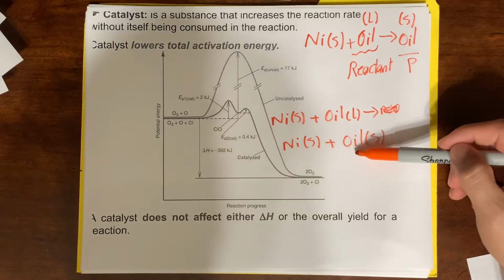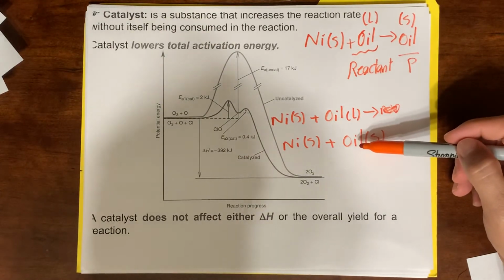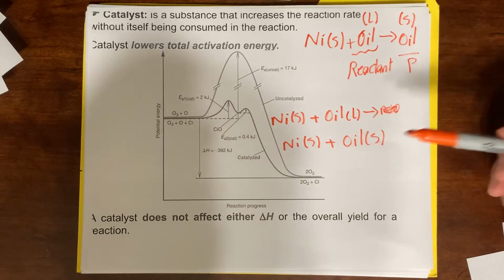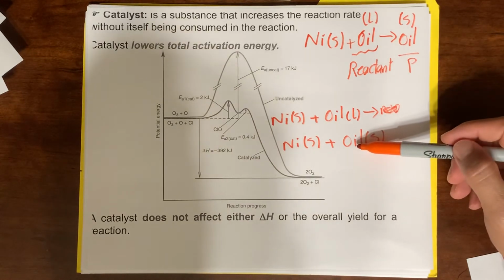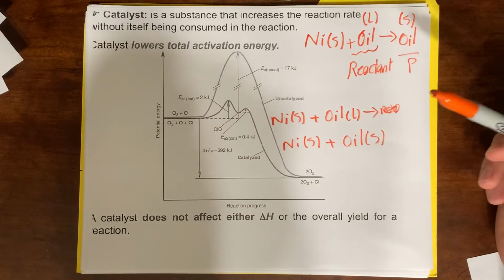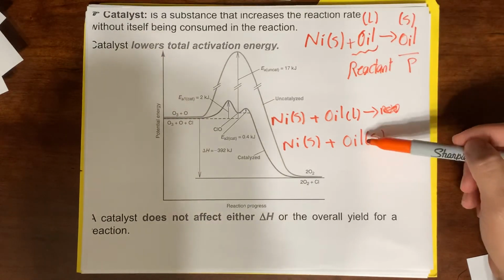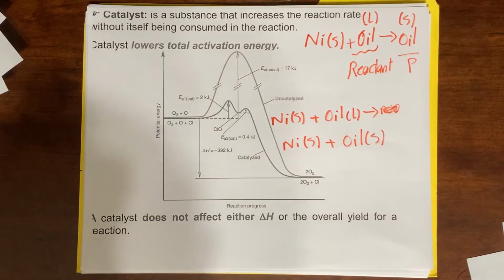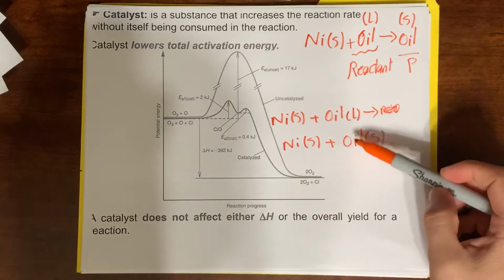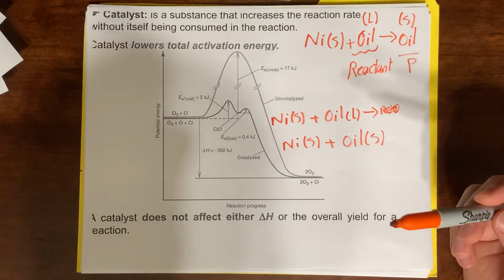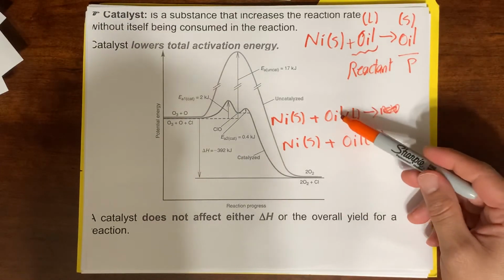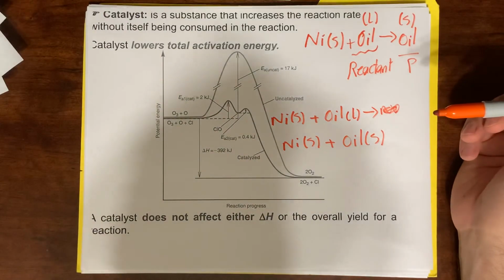If you have solid oil, you can keep it longer and it will not be ruined. But the problem with solid oil is that when you eat it, it will precipitate in your blood vessels and it can give you a heart attack in the long term. So we stopped doing this, and nowadays we go with liquid oil.